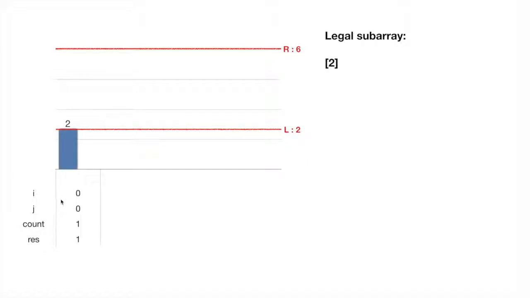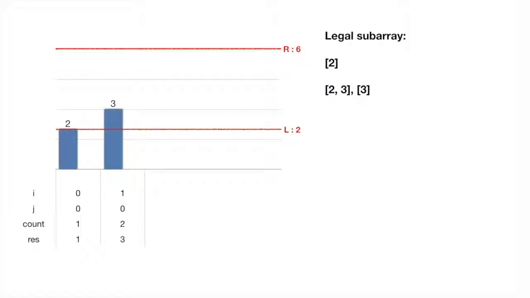Firstly, the element 2 comes in. Now we set I and J equal to 0, and so the count is I minus J plus 1, which is 1. And the count means that now we have just one legal subarray in this level.